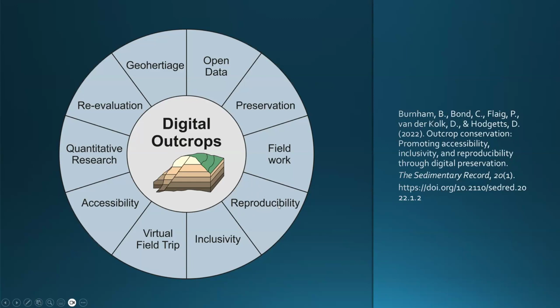All these shape models that we have for the comets and the planets are available to the wide scientific community, so any work that's done on them can be reproduced. And then we have a lot of things about preserving the data sets for the future and geoheritage and all these different things, and building virtual field trips. And there are companies which specialize in developing virtual planetary field trips as well.